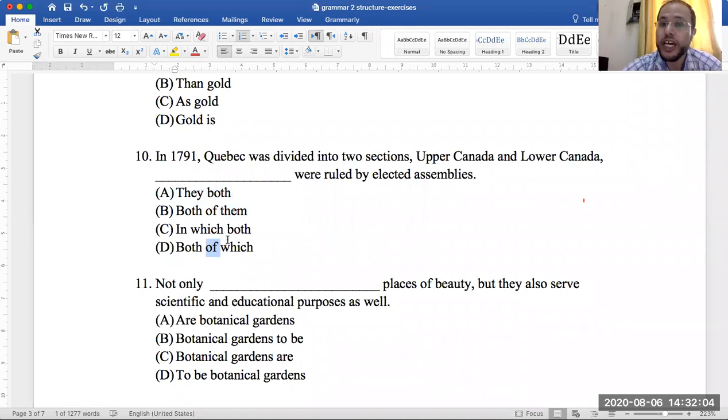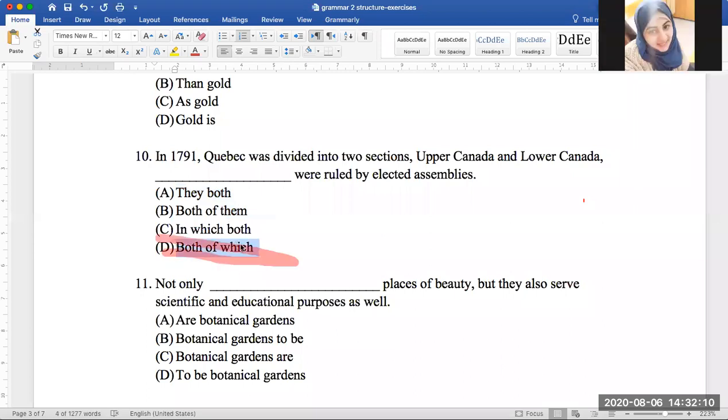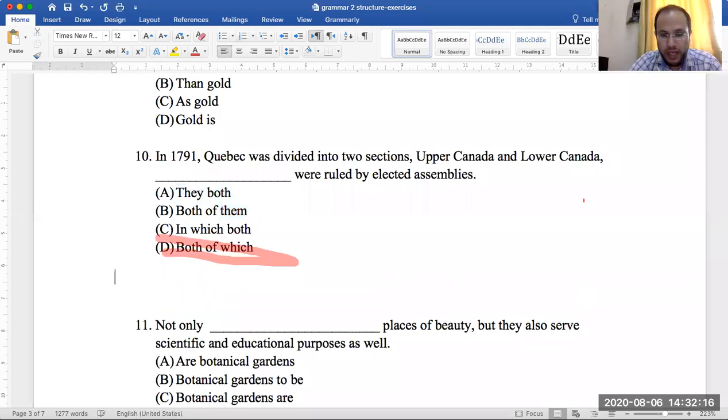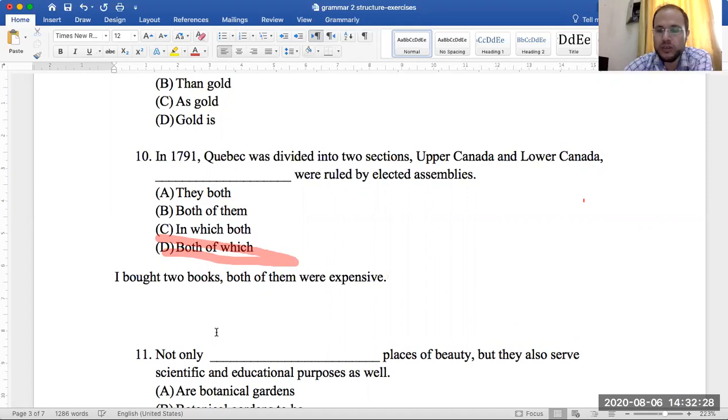Both of which. What is the difference between both of them and both of which? Both of which has a subordinator, but them is not a subordinator. Therefore in the exam this sentence is wrong. For example: I bought two books, comma, both of them were expensive. This sentence is definitely wrong.